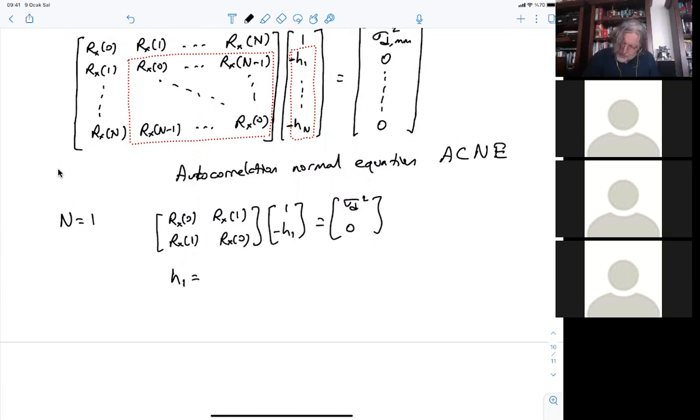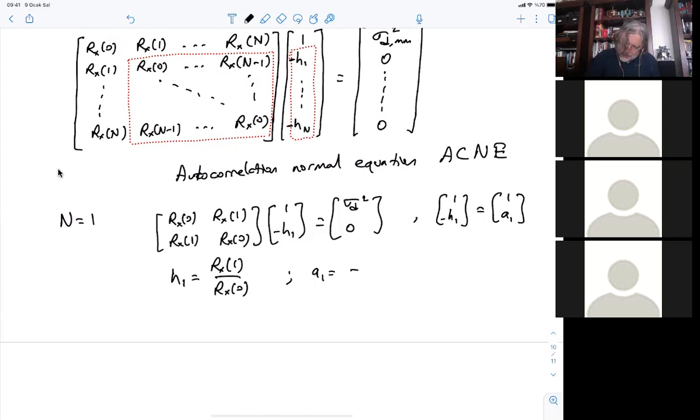Usually this one, negative H1, is notated as 1 A1 in the recursive manner in order not to be confused about the negative signs, and A1 is found to be something. But that H1 is Rx1 over Rx0, or A1 is equal to negative of Rx1 over Rx0. You can say, same thing.